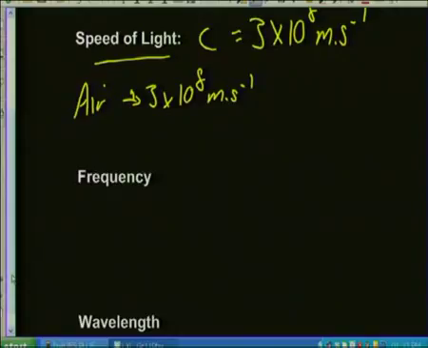Okay? Next thing that you need to be aware of is the idea of frequency. Frequency has the symbol f. For any wave, we use the symbol f, and we recognize that it's measured in hertz. So the frequency of light tells us how many oscillations or complete cycles there are per second.